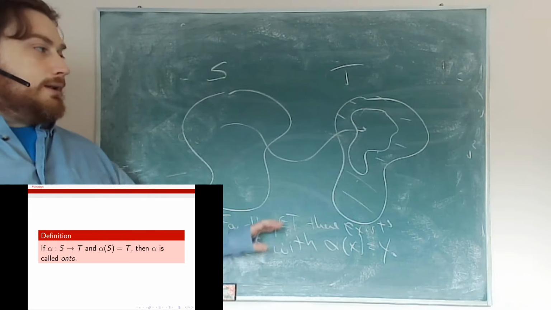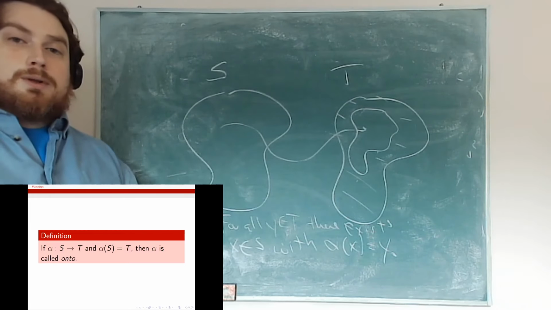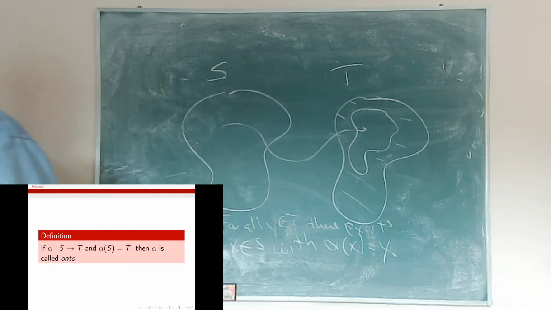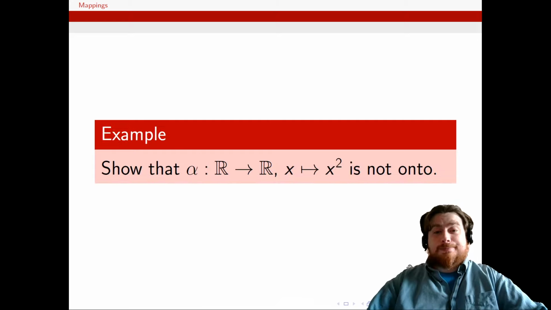Or that is, the image is equal to the codomain. So everything gets mapped to, and that is an onto function. And notice I'm using the word mapping and function here interchangeably because, based on your context, both words do mean the same thing. It's just sometimes people prefer functions, sometimes people prefer mappings. I just have both in my head, so I'm kind of switching back and forth.